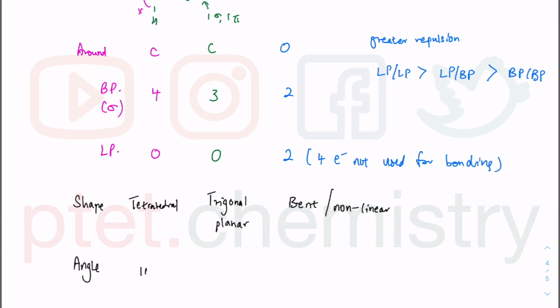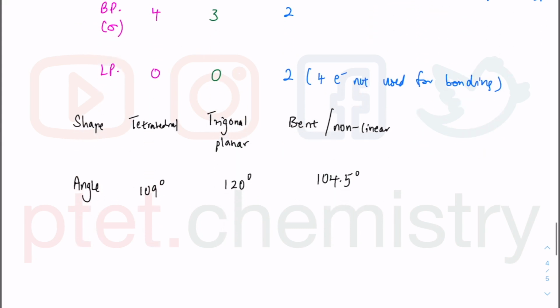So the bond angle for tetrahedral is 109 or 109.5, 120 degrees for trigonal planar, and 104.5 degrees for the bent. Now for increasing bond angle, this is X, Y, and Z. In the order of increasing bond angle, from smallest to biggest, it's going to be Z, then X, then Y. So Z, X, and Y.